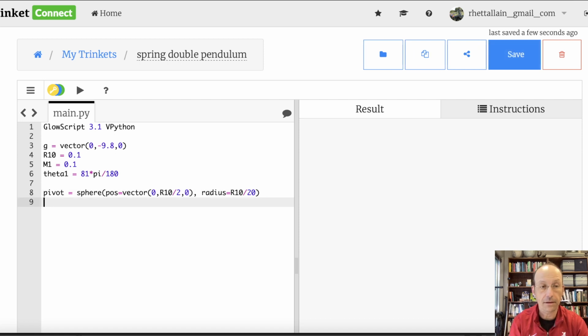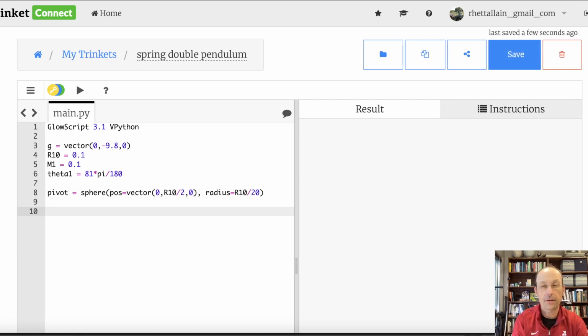Okay, now I'm going to make mass 1. This is called M1 lowercase as sphere. The position, okay. Now, where is this going to be? It's going to be relative to the pivot. And then I'm going to use my conversion, just like I did before. It's going to be R1 sine theta in the x direction and negative R1 cosine theta in the y direction.